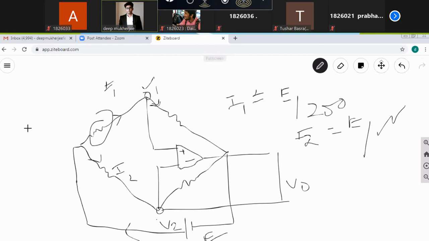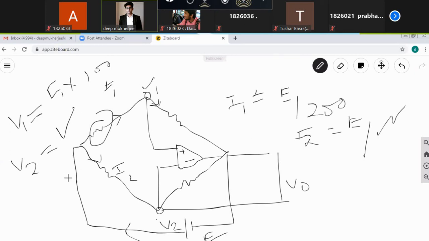So V1 equals I1 into 100, and V2 equals I2 into RRTD. So we have calculated V2 equals I2 into RRTD.